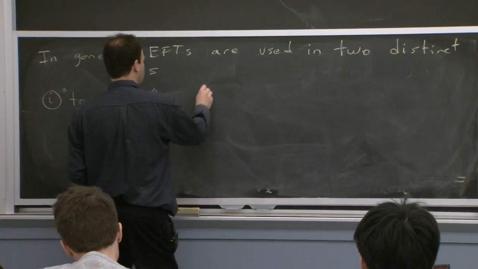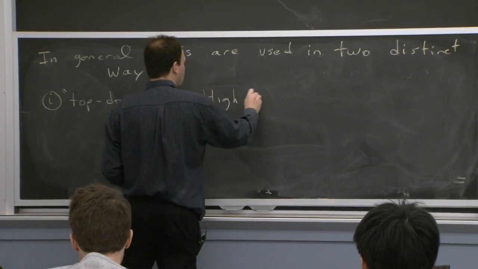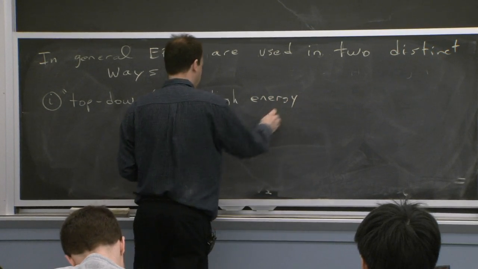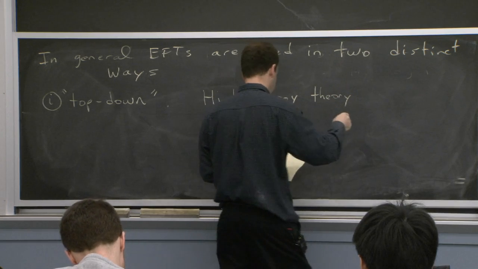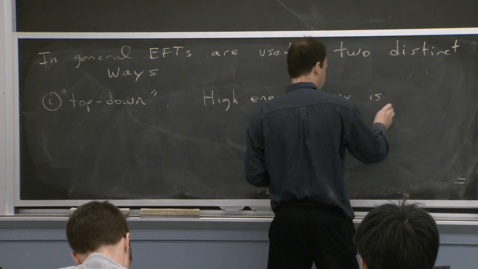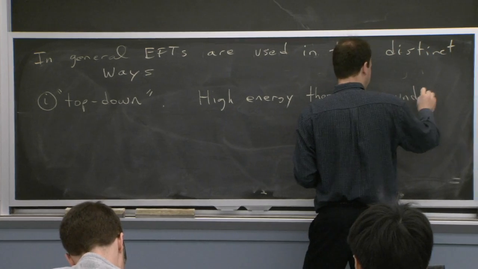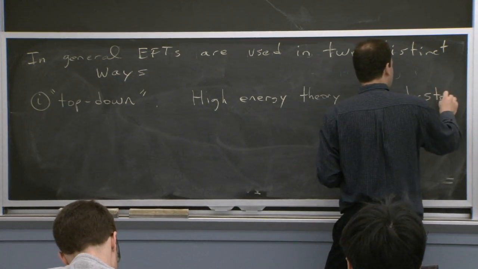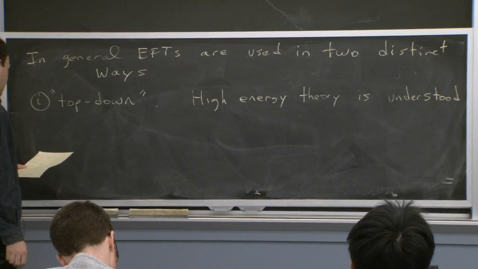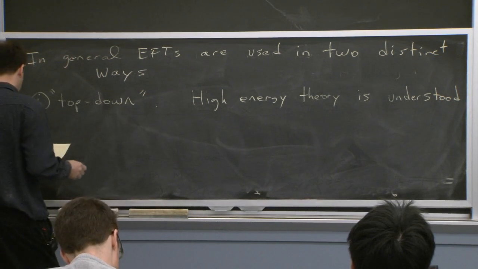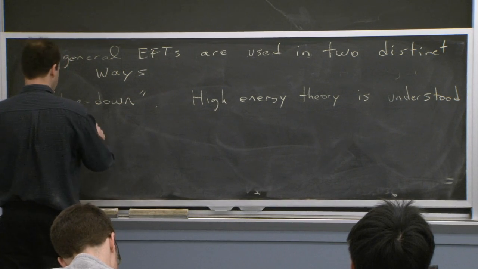So in the top-down situation, you know what the high energy theory is. I'm going to keep using this language of masses where I have a high energy and low energy theory, and we'll think about it more generally when we come to examples where we need to. So in this top-down case, we have a high energy theory, say the Standard Model, and that theory is understood in the sense that we can write down the Lagrangian for it.